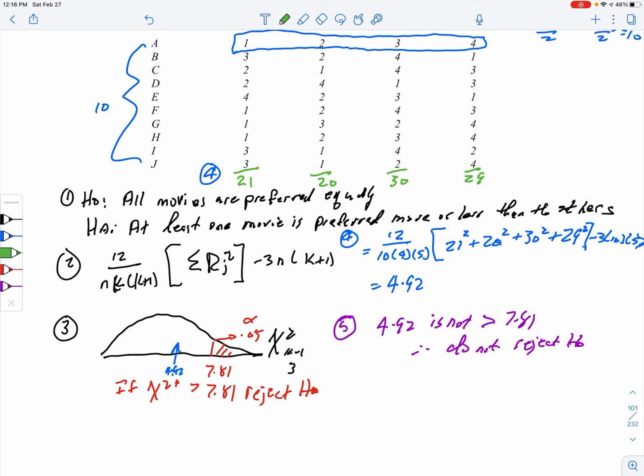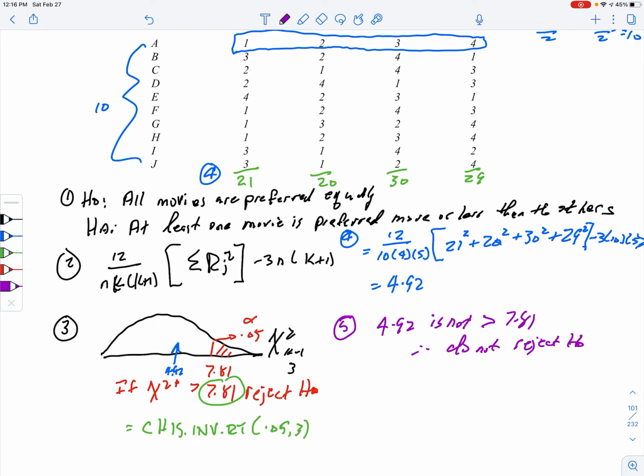While we're here, you know I like this kind of stuff. The critical value would be found by CHISQ.INV.RT, always upper tail, 0.05, 3.